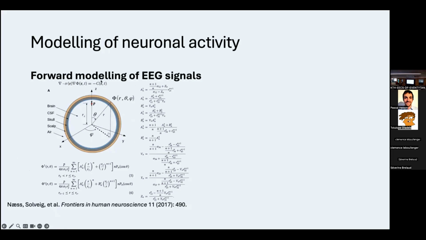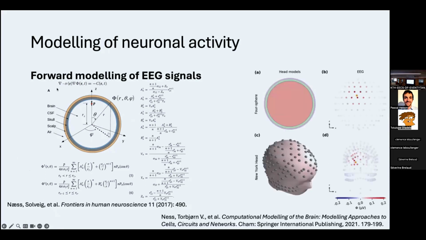So you don't have to really solve this when you have a simple geometry like this. But it has been criticized because obviously the head is not a ball. So there's this New York head model that is also very useful.